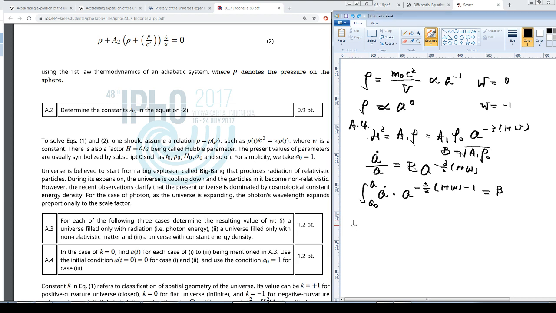So here for photons, w is 1/3. I would get 2/3, minus 1, minus 2. Oh, that's a positive.